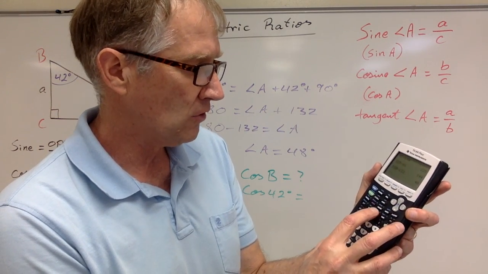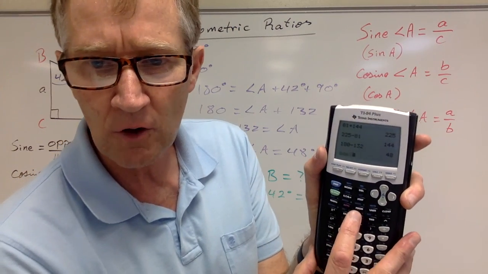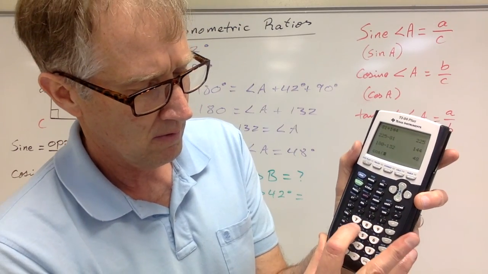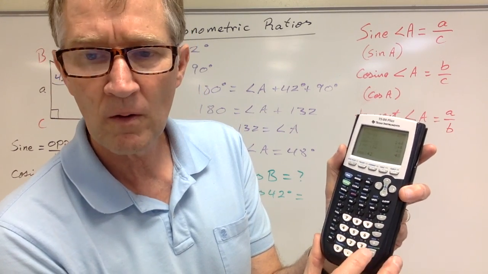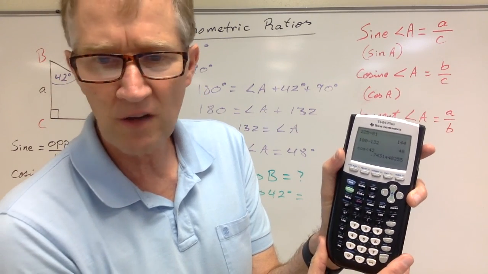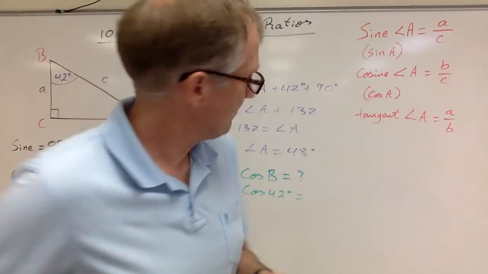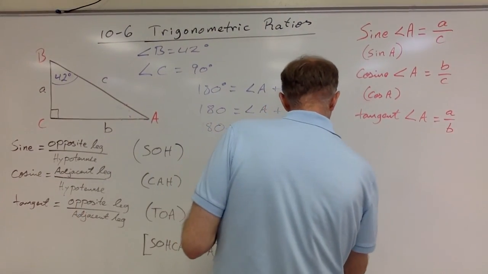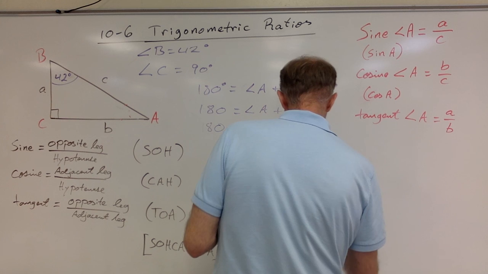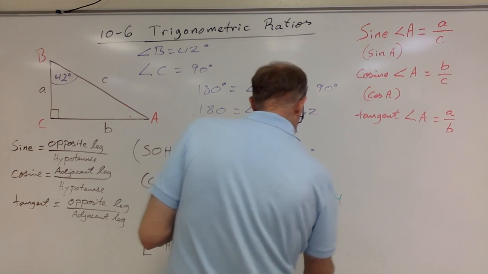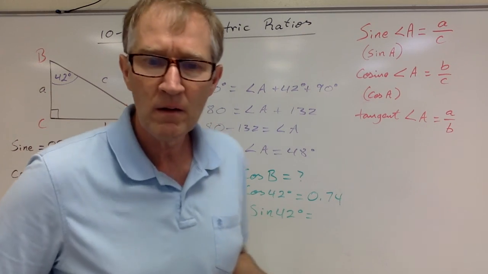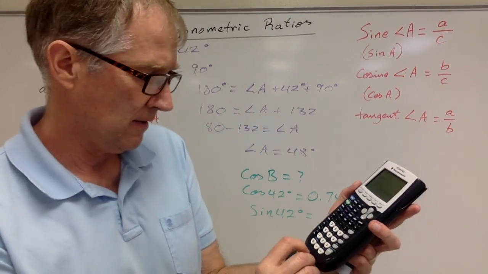So I can just type it on my calculator, just cosine 42, 0.74. The sine of 42 degrees. I'm going to have to end this in a second.